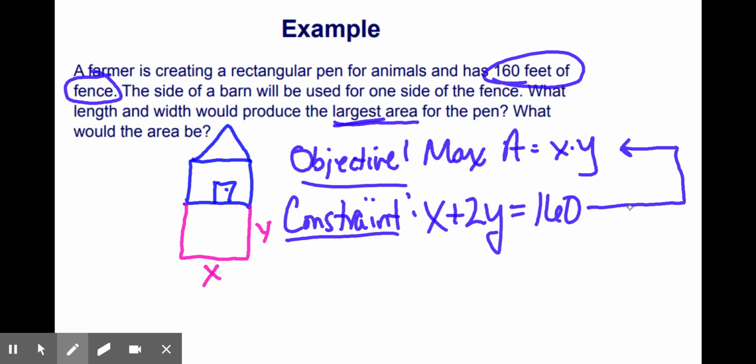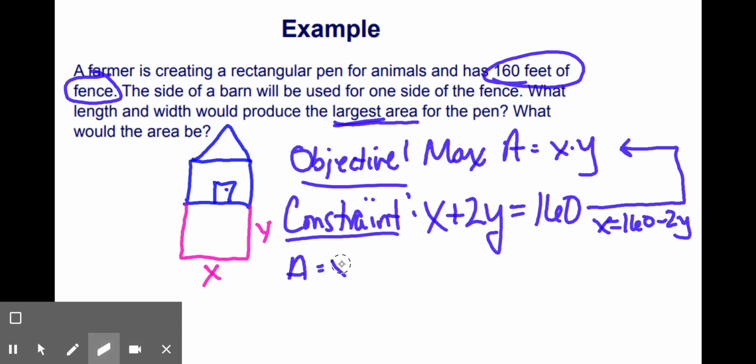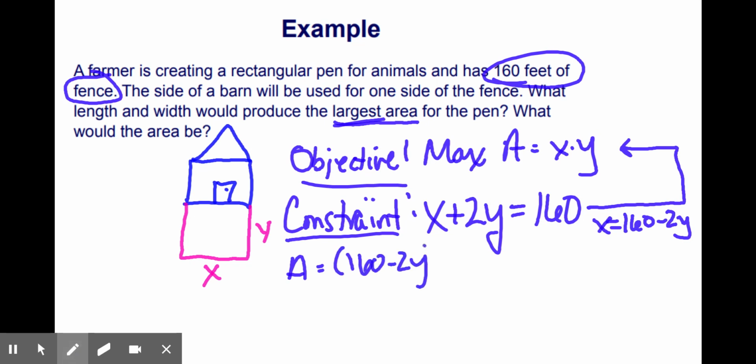So X is equal to 160 minus 2Y, and I'm going to sub that up here. So my new area equation is going to be 160 minus 2Y times Y, which I'm going to multiply out, and I'm going to get 160Y minus 2Y squared.